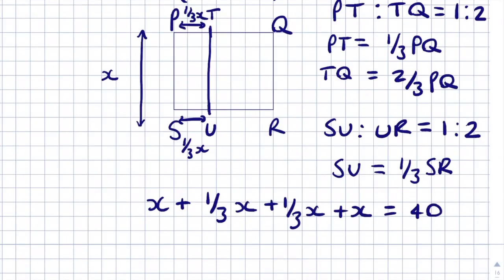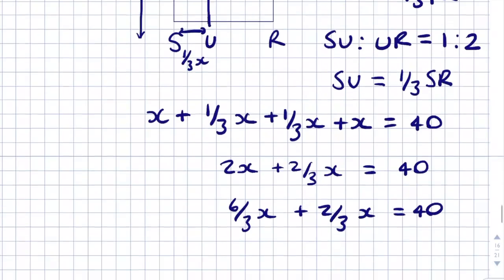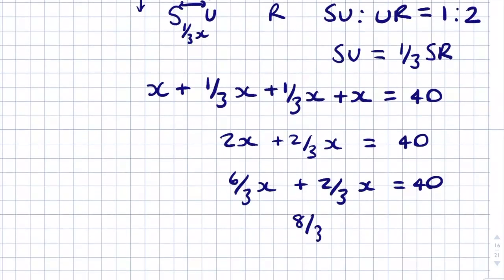Now, if we simplify the left-hand side, we're going to get 2X plus 2/3 of X is equal to 40. Okay, so if I rewrite 2X as 6/3 X, plus 2/3 X equals 40, then we can simplify the left-hand side and get 8/3 X equals 40.